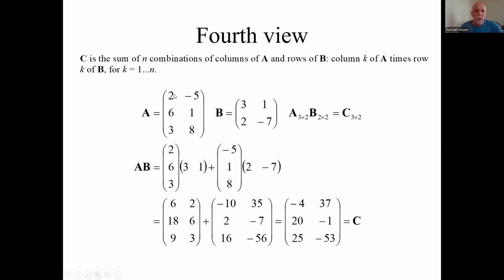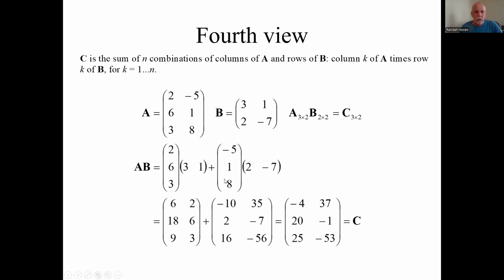I can take the first column of A times the first row of B, and then plus the second column of A times the second row of B. If I had bigger matrices, I would keep doing that. It's a total of n. I keep doing it: column K of A times row K of B, for K equals 1 to n, however many columns of A you have.